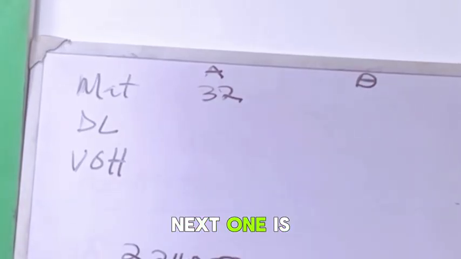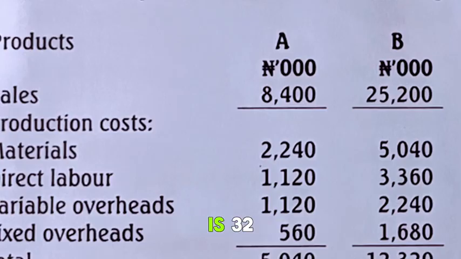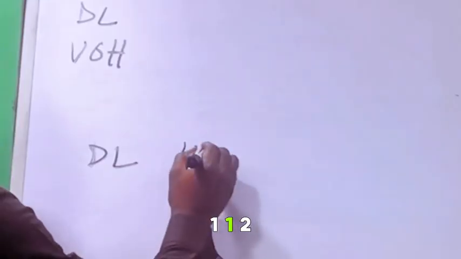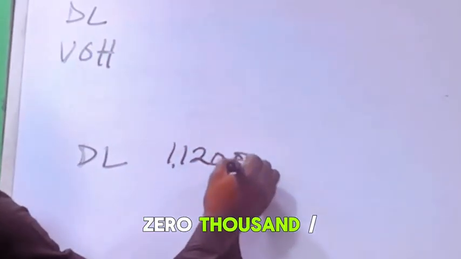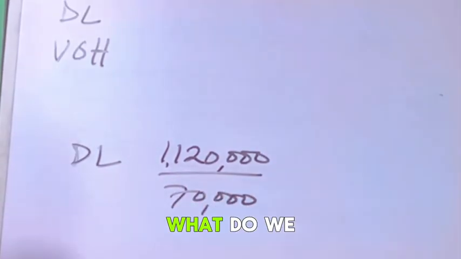The next one is to look at our direct labor. Direct labor, this is 32, so we can erase this. Next one is the direct labor. For A, we have 1,120,000 divided by 70,000. What do we have?